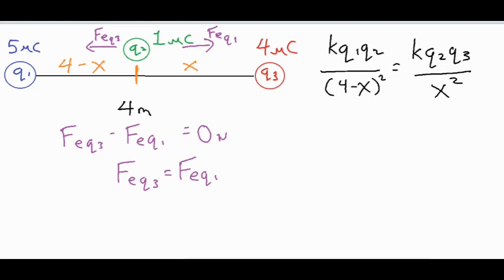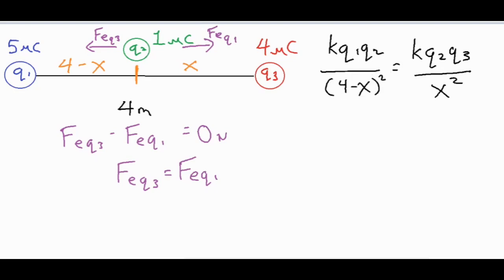Okay, so if we use Coulomb's law two times, it's kQQ over r squared, r being the separation distance, and the Q's being the two charged particles involved in the interaction. So if you're taking a look at the blue and green, Q1 and Q2, we have Q1 and Q2 there. Without the numerical values in yet, the separation distance we called 4 minus x, and since the equation is kQQ over r squared, we square this entire distance.